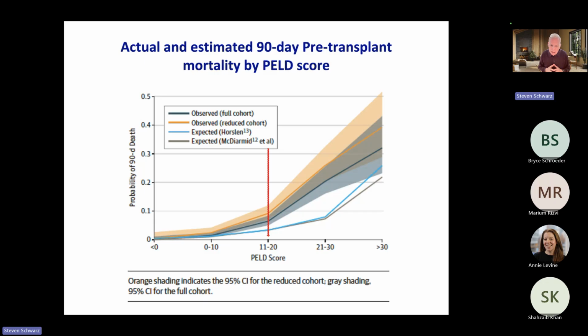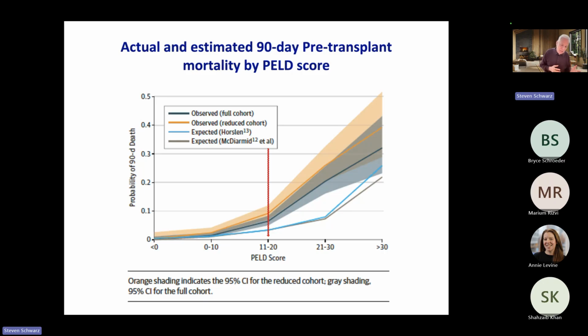Here's the PELD score on the x-axis, and the y-axis is the probability of 90-day death without transplantation. As you can see with the red arrow pointing down, once the PELD score gets above 20, you start to see a significant rise in your risk of death prior to transplantation for virtually all of these scores.